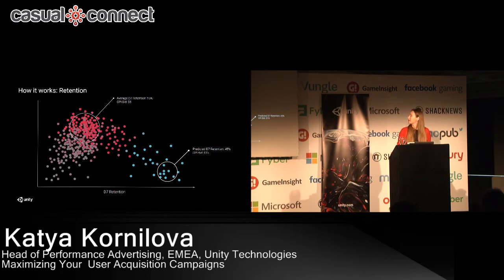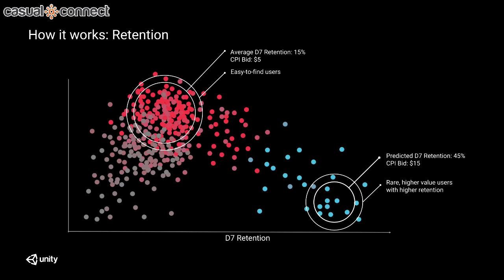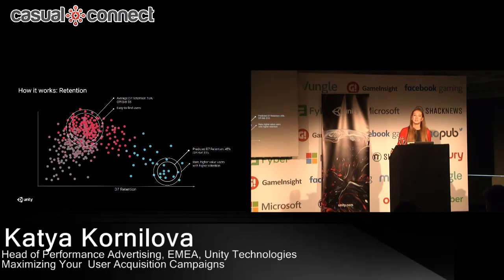Of course, in campaigns like this, or with any kind of normal campaigns, it is quite hard to find users who are a lot higher quality. So a majority of your users will come from around the same average retention rate that you normally get. For these fewer users with higher quality, yes, we'll still try to find them, but the CPIs, of course, are going to be proportionally higher.